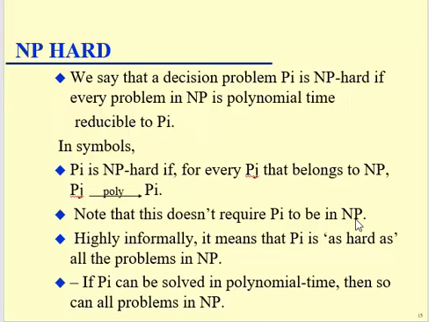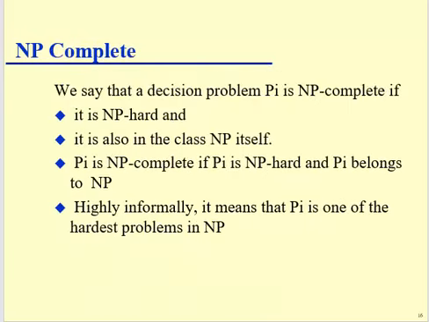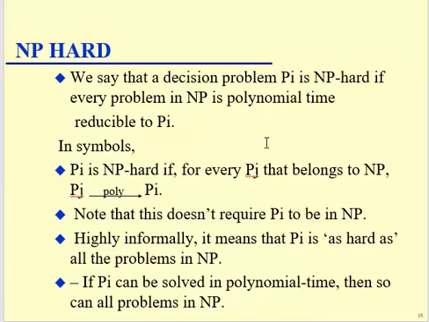Next we have the NP complete problem. Now a decision problem PI is NP complete. The first condition is that it should be NP hard. The other thing is that it should be in NP. Like in NP hard, it doesn't require PI to be in NP.